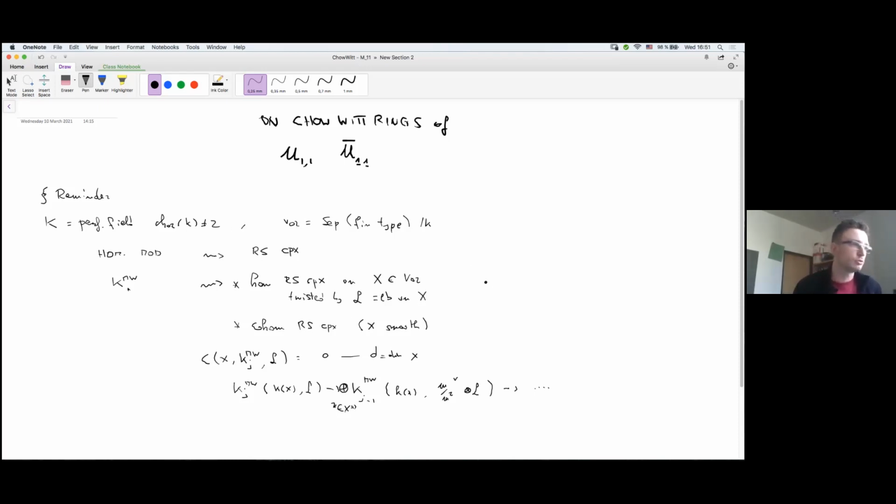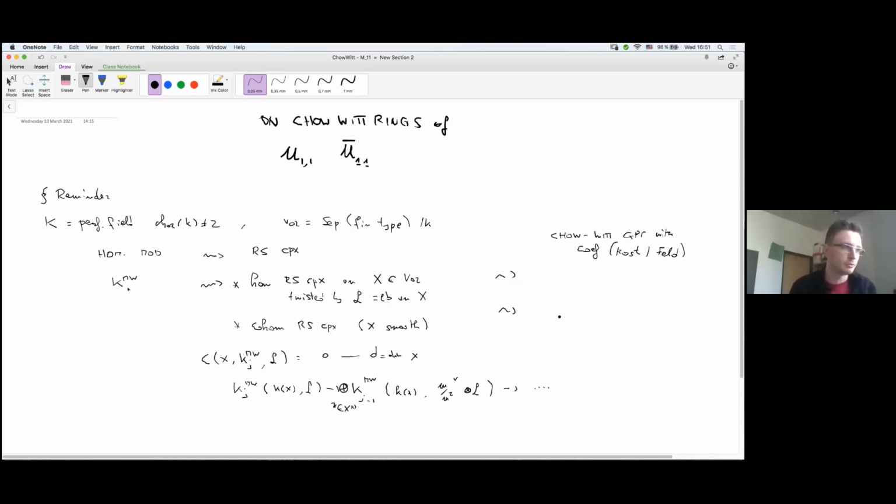So associated to these two Rost-Schmid complexes, we have respectively homological and cohomological Chow groups. And in general, we have Chow groups with coefficients, or rather Chow-Witt groups with coefficients, which were defined by Rost first, and then in the Witt version by Feld recently.